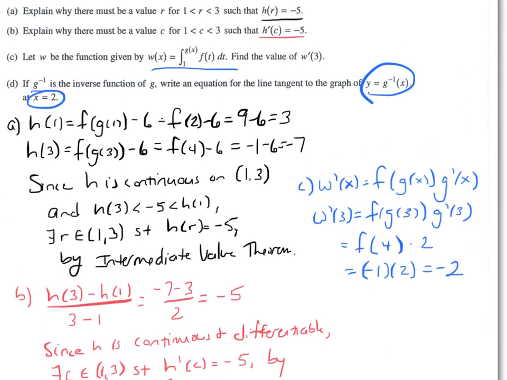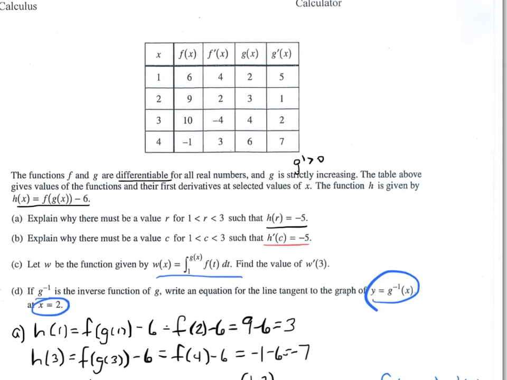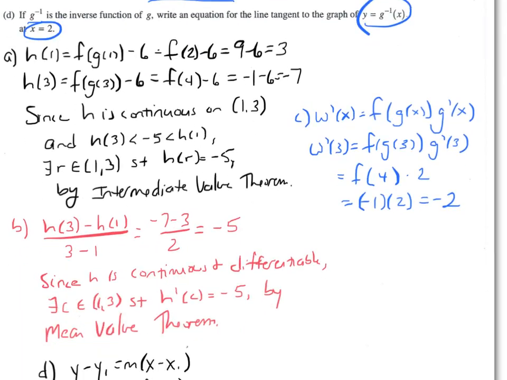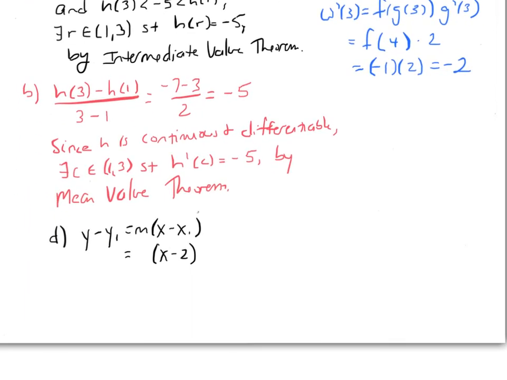So we should look on g for where g is equal to 2. So here we have the point 1, 2 on g, which means that on g inverse, we'd have the point 2, comma 1. So back down here, our y value should be 1.